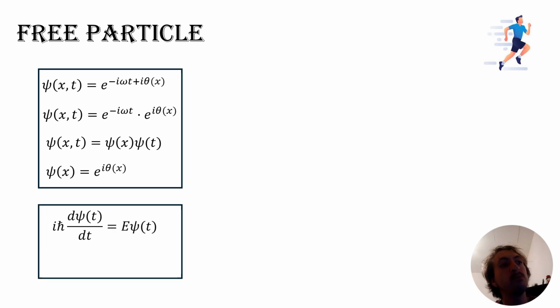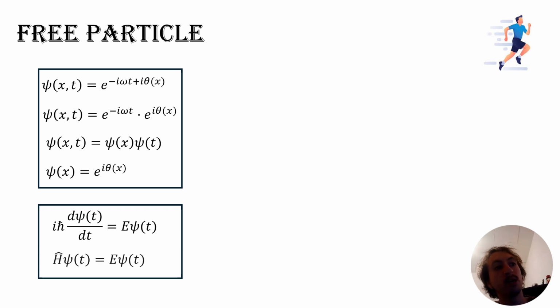So if we rewrite Schrödinger's equation just in terms of the time-dependent part of our overall wave function, because we're just looking at the time-dependent part, the function going into Schrödinger's equation is a function of time only, so we can replace partial derivatives with time with ordinary derivatives in time, and we can just rewrite Schrödinger's equation like this.